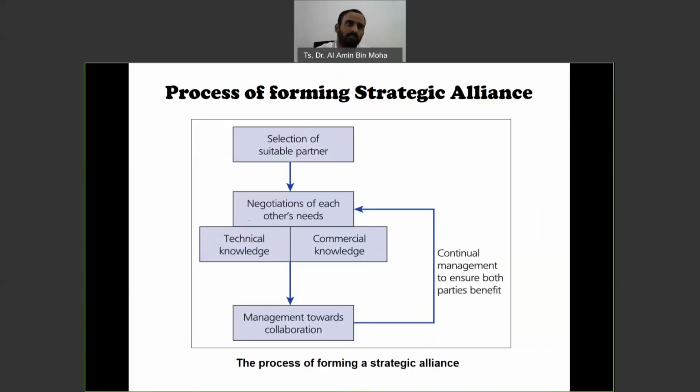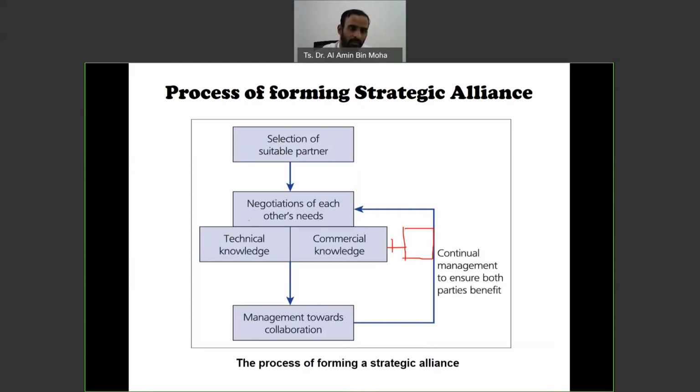So this is the general flowchart or process to form strategic alliances. Basically, it starts with the selection of a suitable partner and negotiating each other's needs. Of course, you consider the technical knowledge and the commercial knowledge, and I believe there is more. It depends on the companies.